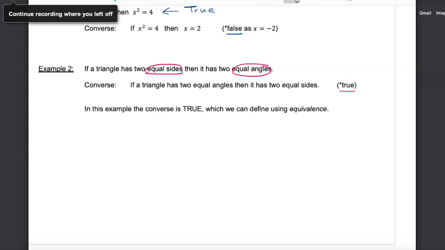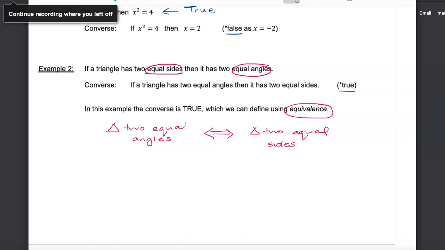Because the initial statement and the converse are both true, we can define this using equivalence. We said that in a triangle, two equal angles implies two equal sides, and we know that we can flip this around, so we can use the equivalence sign.